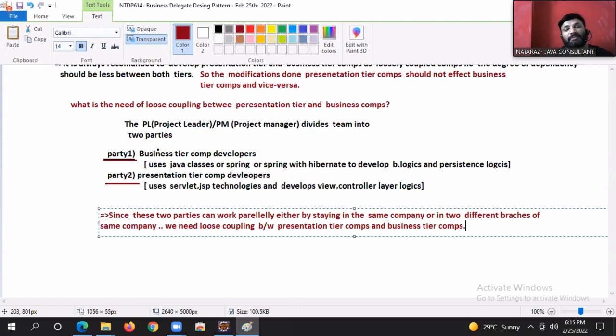Since the degree of dependency between presentation tier and business tier components is very less, there will not be any problem. Definitely there will not be any problem. Understanding my statement, guys?